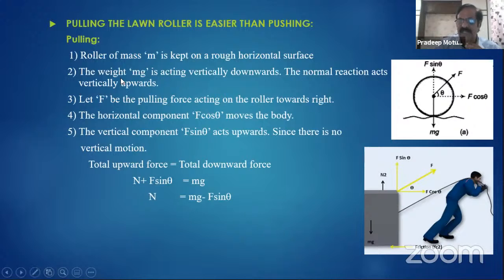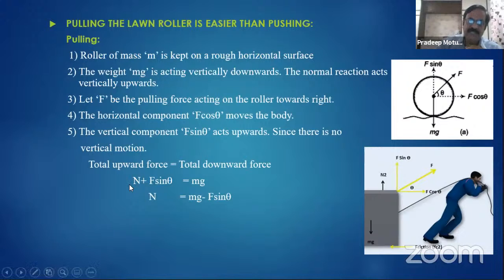There are two forces acting upwards: one is the vertical component F sin theta, and the other is the normal reaction N. Taking the summation of these two gives the total upward force.